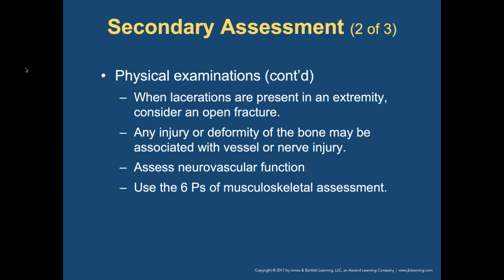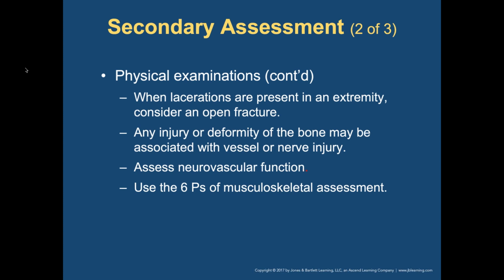If you set it once and there's no pulse, you got to leave it alone. You got to splint it in that position. If there's a pulse in the beginning, you align it to the most anatomical position, and you get a pulse, you better not let go of that. You better have somebody ready to splint. Don't be the only one in the back of that truck, because you're stuck. Got to make sure you hold it.